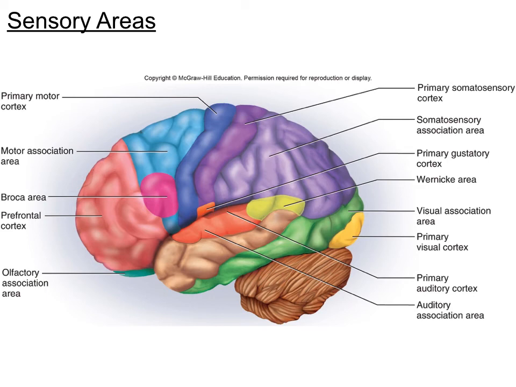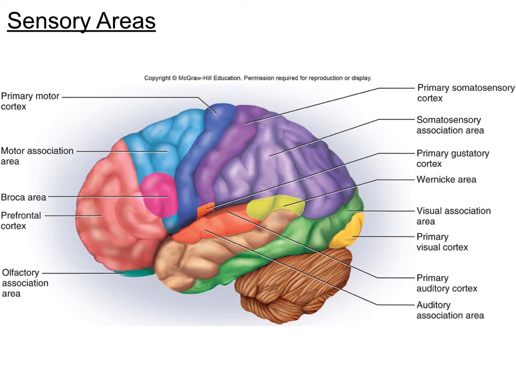For the primary olfactory cortex, which you can't see in this figure because it's deep, it's located in the medial aspect of the temporal lobe. So what you're looking at here is the lateral surface of the temporal lobe. You'd have to go all the way into the medial surface of the temporal lobe and also some of the inferior frontal lobe.